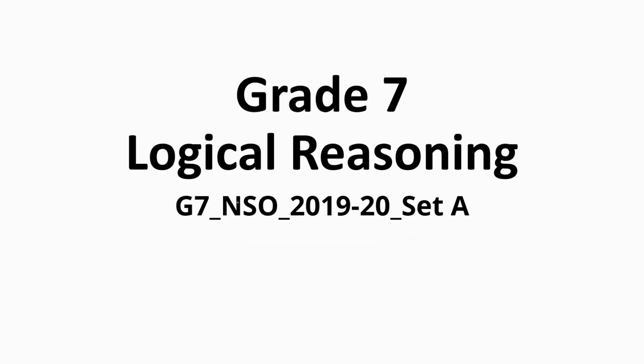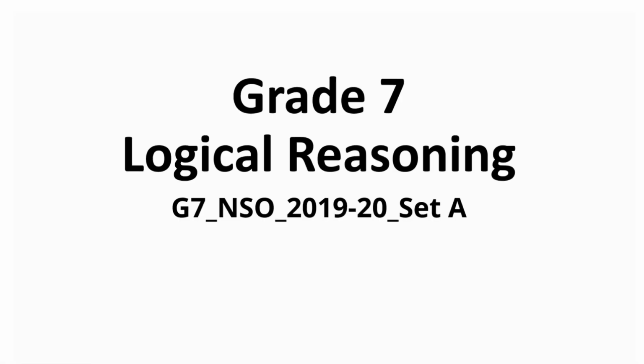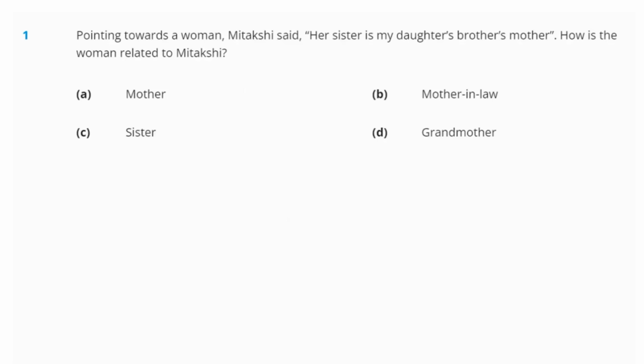Now we will be doing grade 7 science logical reasoning NSO 2019-20 set A. Let's move to the question. Question number 1. Pointing the woman, Mitakshi said, her sister is my daughter's brother's mother. How is the woman related to Mitakshi?